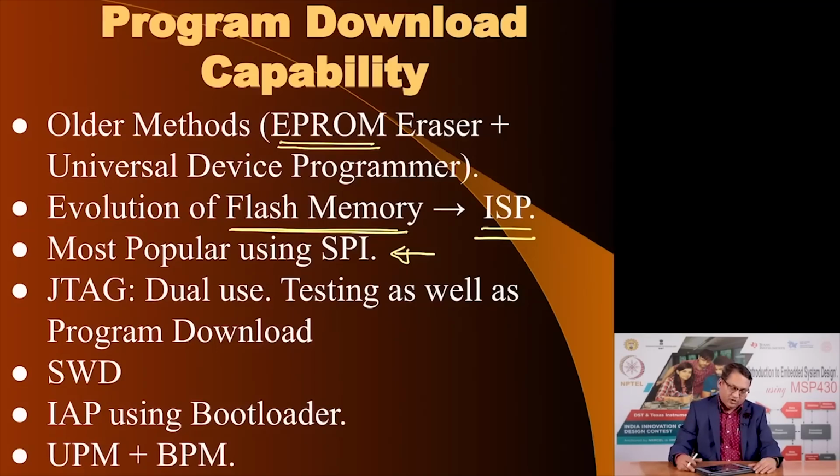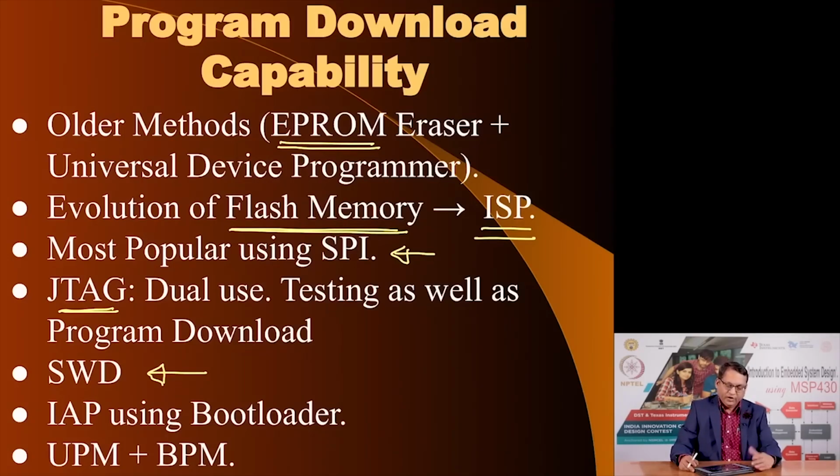In more advanced microcontrollers, they would have a JTAG, Joint Test Action Group protocol, which had dual use. One use would be to program the internal memory, and the other would be testing the microcontroller using the on-chip debugger that I mentioned. Another popular protocol for testing would be serial wire debug.